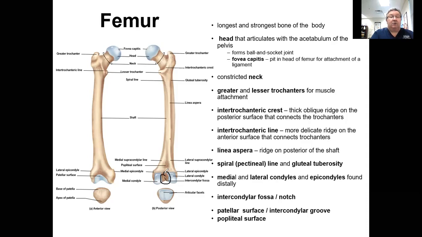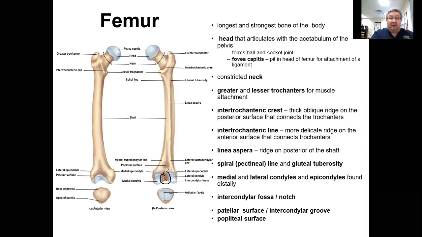All right? So the important aspects of the femur: the femoral head, the fovea within the femoral head, the greater and lesser trochanter, and the intertrochanteric line. On the posterior portion, we have the linea aspera, which is a ridge.